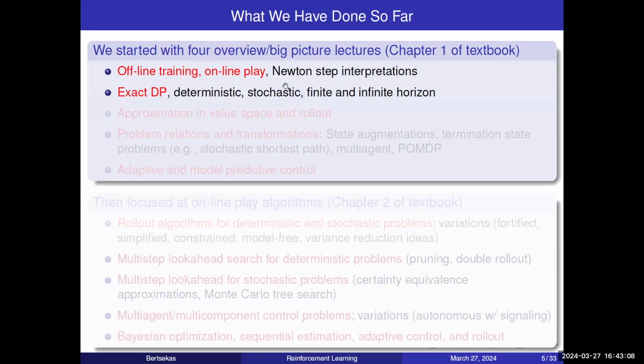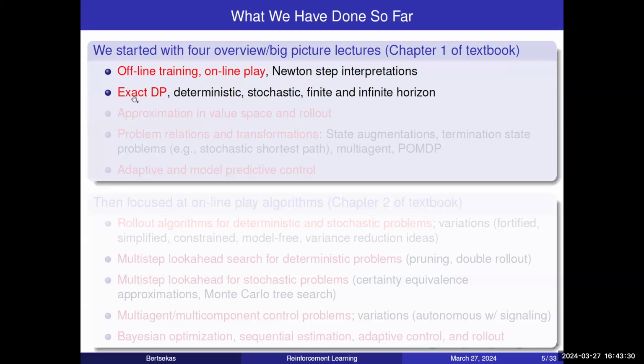The goal is not really to cover extensive theory about those topics. It's more about setting the stage for you to understand the approximate methods that we cover later on.